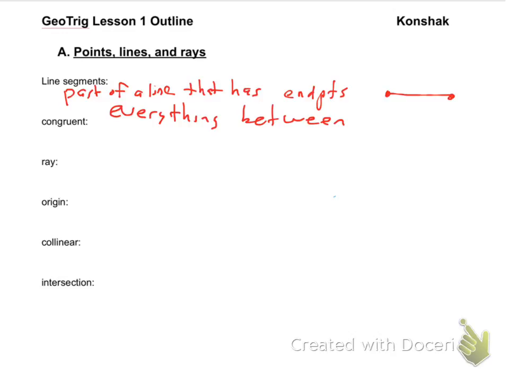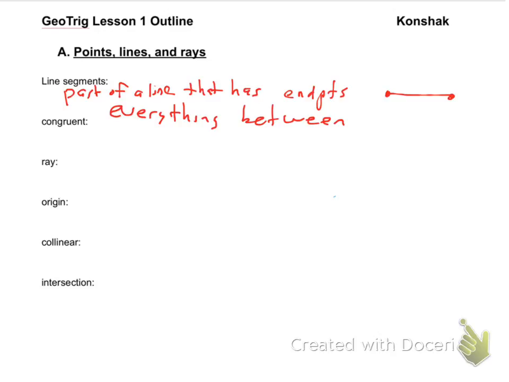What does it mean to say we're congruent? Oh, those 2 things are congruent. Means those things are the same. So the easiest thing to say there is that they're the same. So everything's the same.